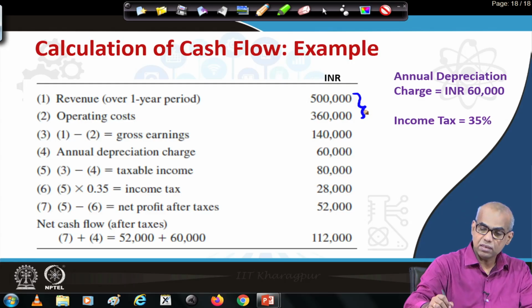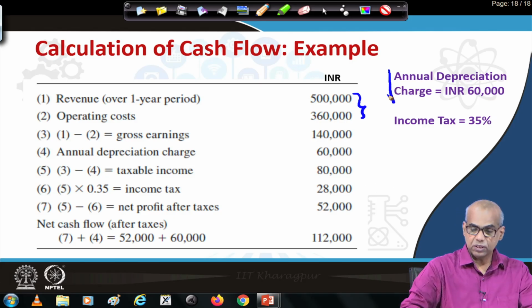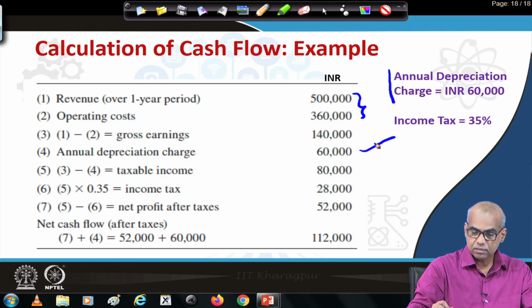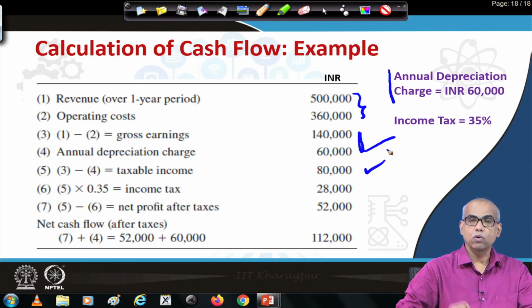Now, let us consider the annual depreciation charge is fixed at 60,000 rupees. So, the annual depreciation is 60,000. So, what is the taxable income? Taxable income is, you have to subtract the depreciation from the gross earning. So, you subtract 60,000 rupees from 1,40,000 and you get 80,000.